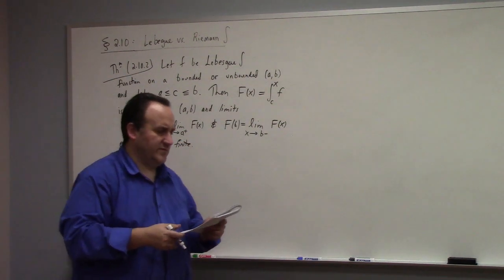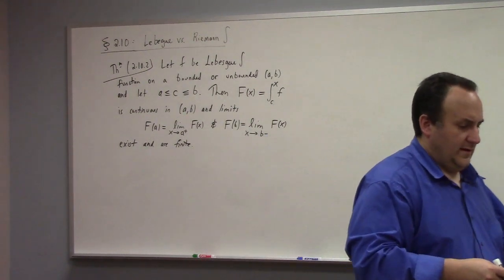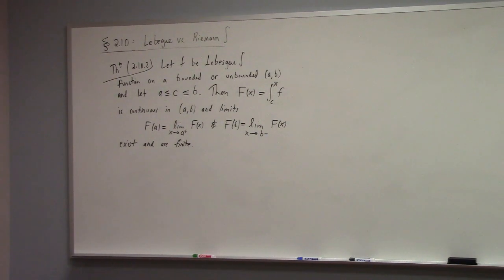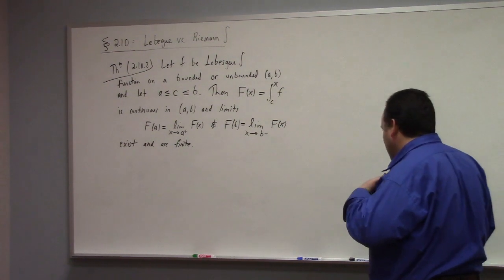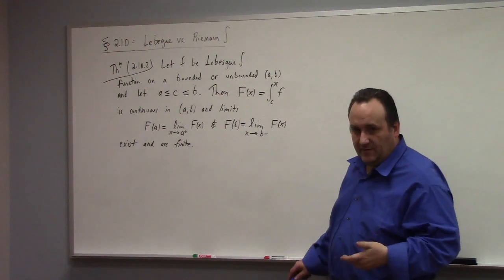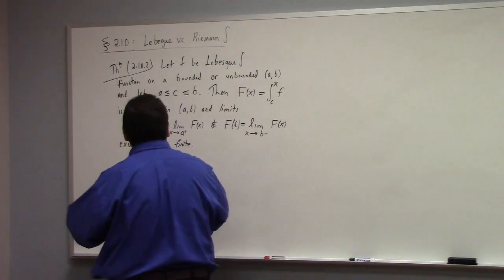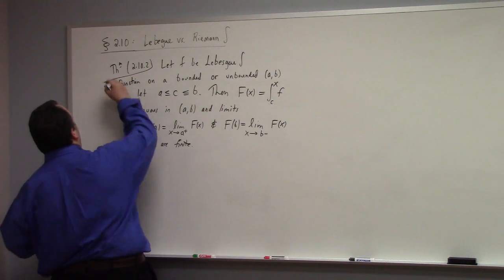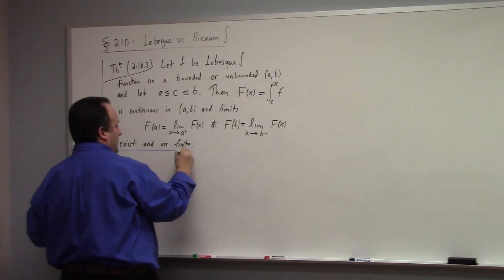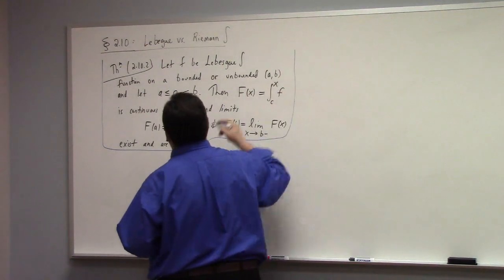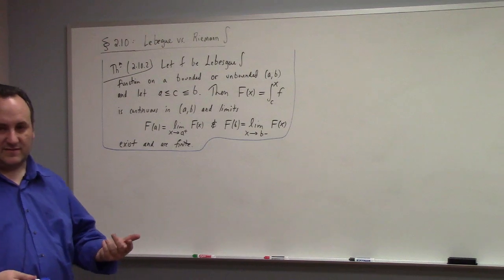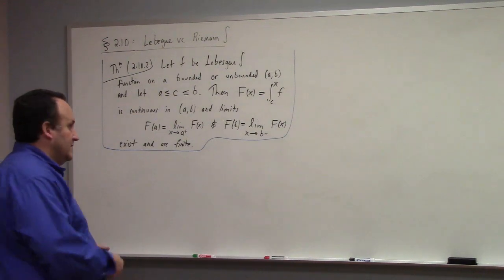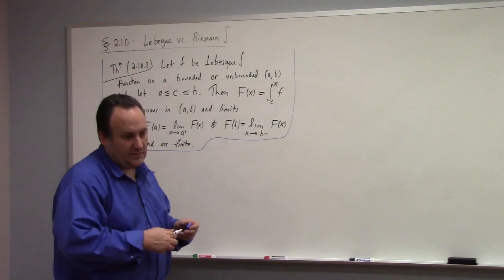If you have a function which is Lebesgue integrable, and then you define a new function by integrating that function from a given reference point C, then the resulting area function is necessarily continuous. So while Lebesgue integrable functions certainly include horribly discontinuous things, the process of integrating smooths that out. It's one way to think about this theorem.